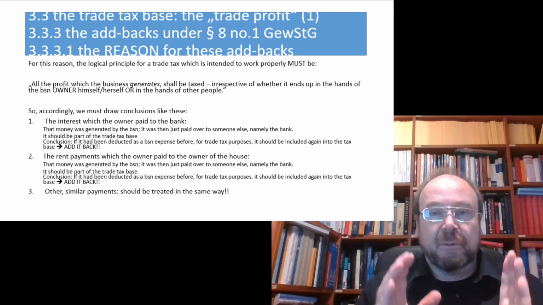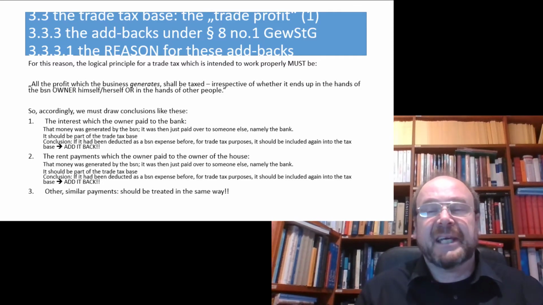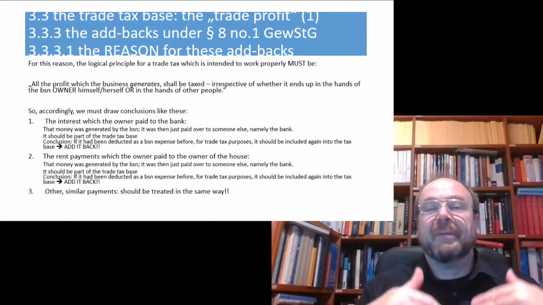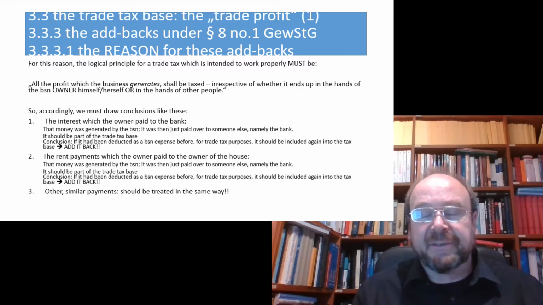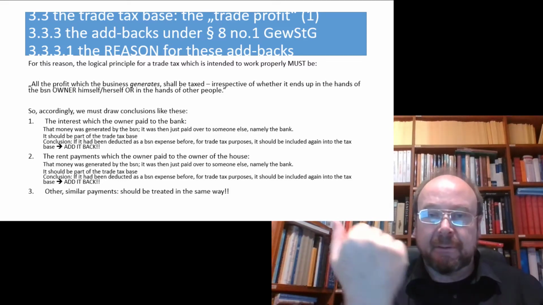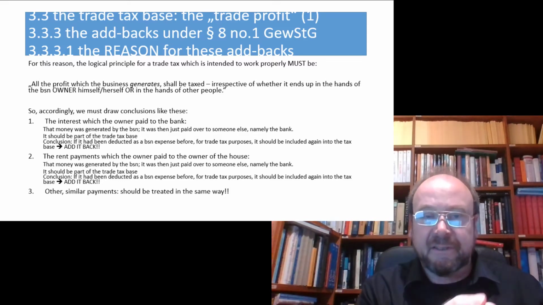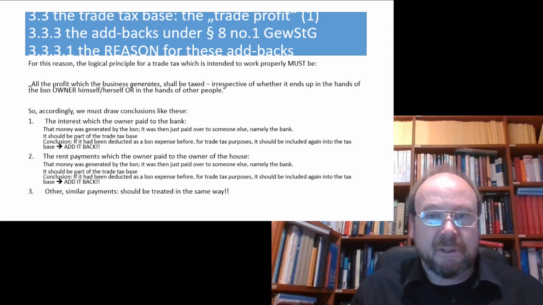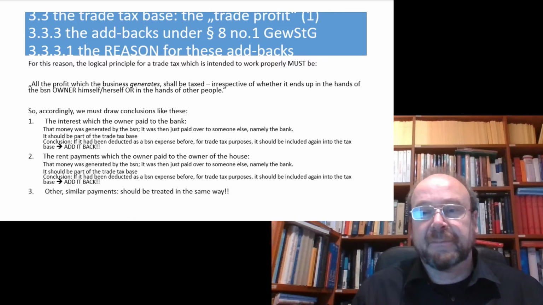And what you must understand is that such an add-back mechanism is absolutely vital and necessary, because otherwise you can erode, decrease the tax base according to your own taste and wishes, because there would be no end where it stops.